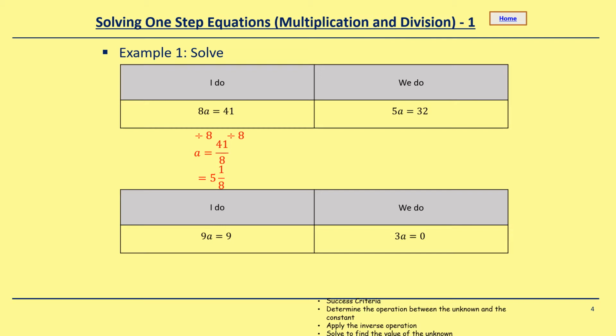The next one, 9a equals 9. So a has been multiplied by 9, so we're going to divide by 9. So if we divide the left hand side by 9, we have to divide the right hand side by 9. So a equals 1. Okay, so you pause the video now and you try these two.